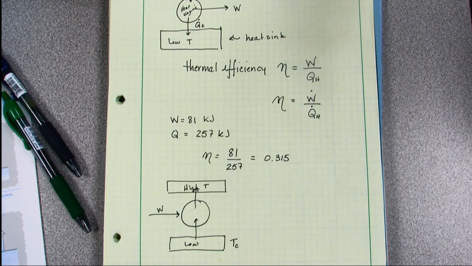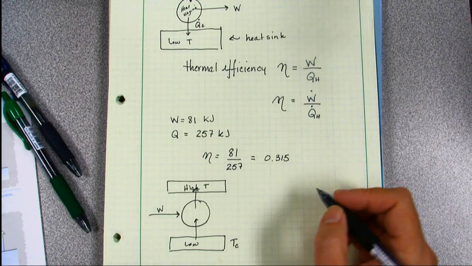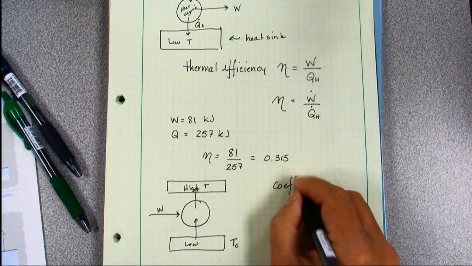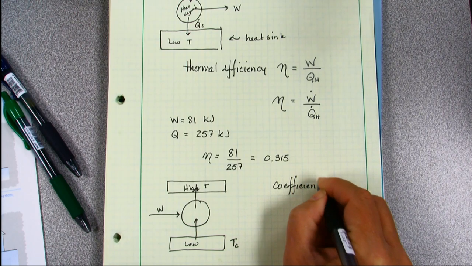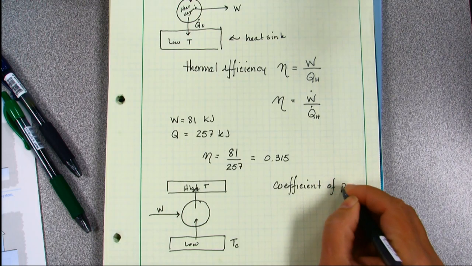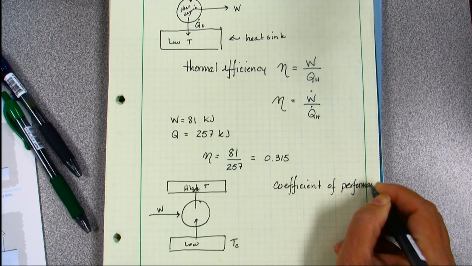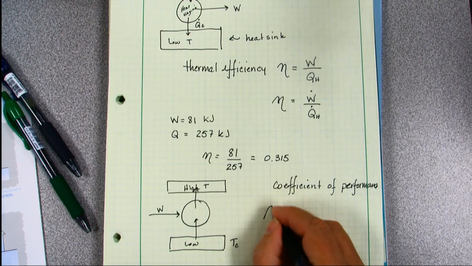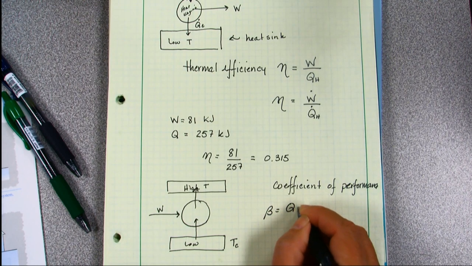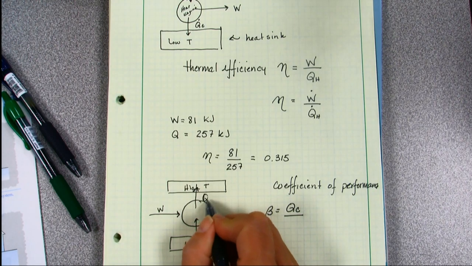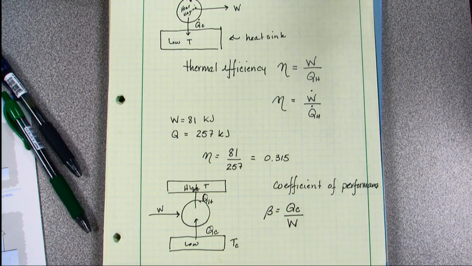Now for refrigeration, for a refrigerator, they call it a coefficient of performance. And this is going to be the cool part, because that's really what we're doing. This is the cool part, this is the hot part, and I'm dividing it by my work. So we kind of do it reverse and upside down.